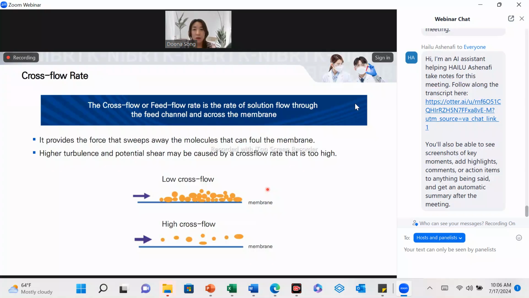However, if the cross-flow rate is too high, it can cause higher turbulence and potential tear, which might damage the membrane. Also, the feed has less time to pass through the filter membrane, which can make the process take longer.